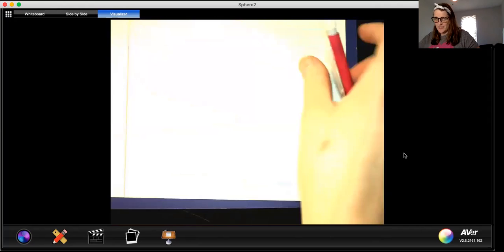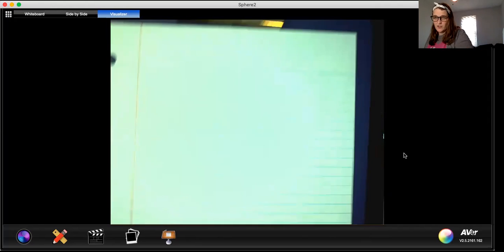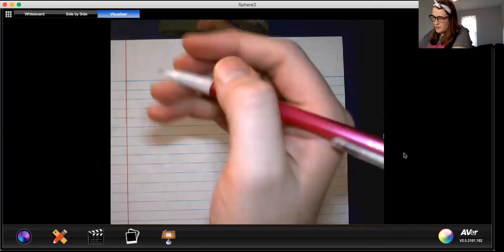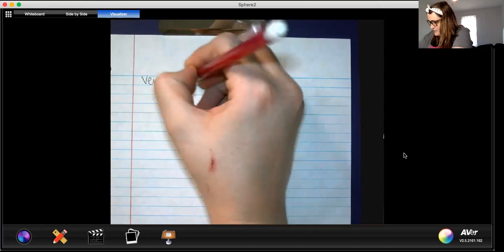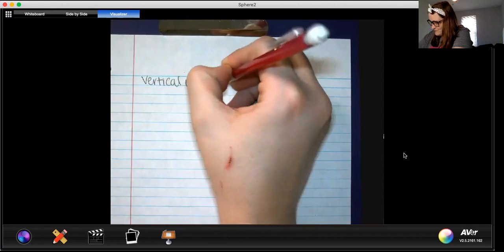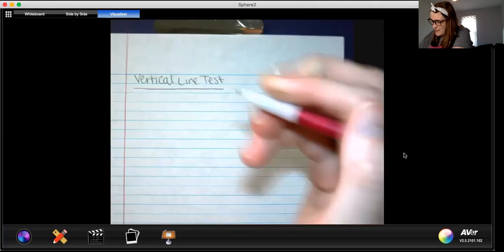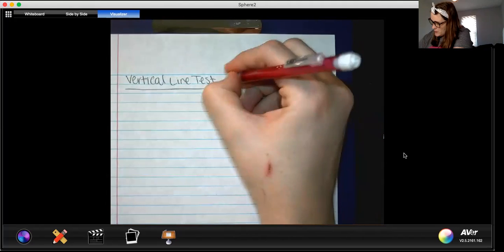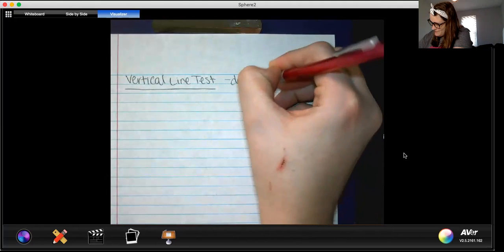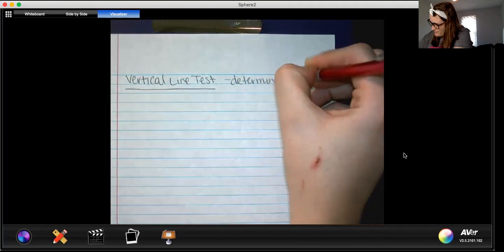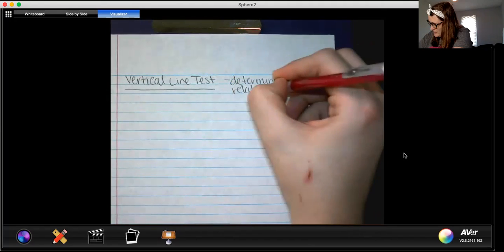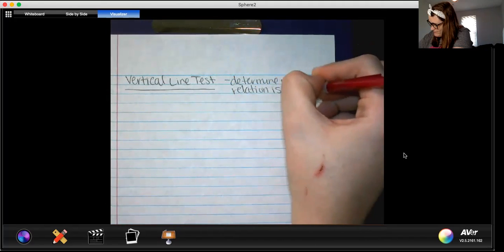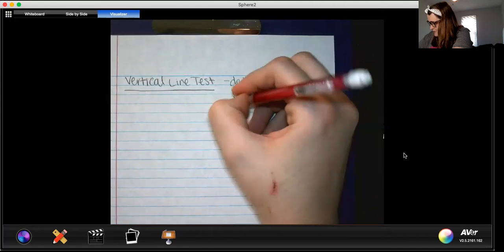The next way you can test if a relation is a function is on the graph, which is called the vertical line test. It is used to determine whether a relation is a function based on a graph.